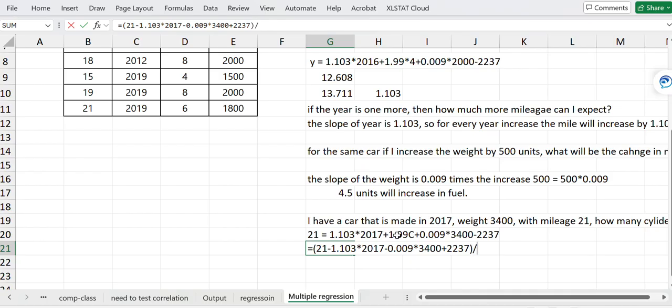Divide by 1.99, because only c remains. If you put the values in here, I get 1.33. So I cannot have 0.33, so it may have 2 cylinders. Yes, round up. No, down, no, down.